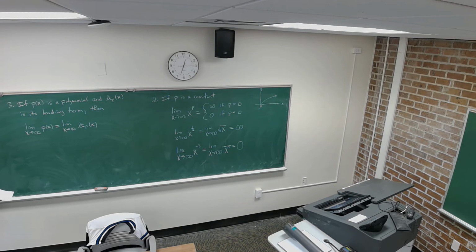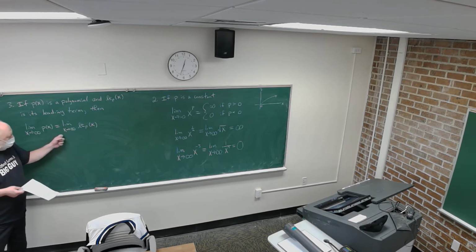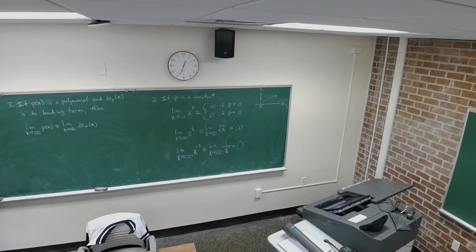If p of x is a polynomial and LT p of x is its leading term, then the limit of the polynomial p of x as x increases without bound is equal to the limit of the leading term as a function of x as x increases without bound. Okay. And with this fancy notation, you may not realize this, but we did this in pre-calc.